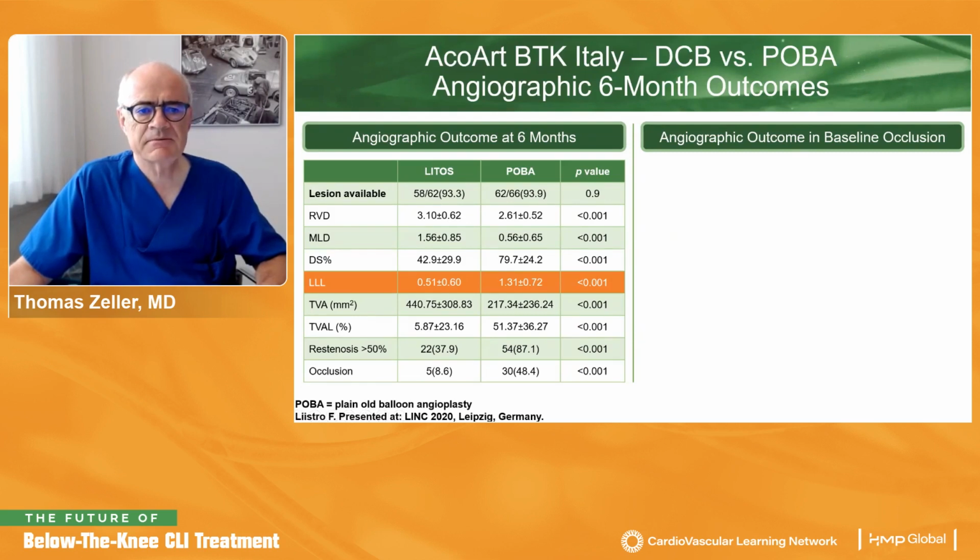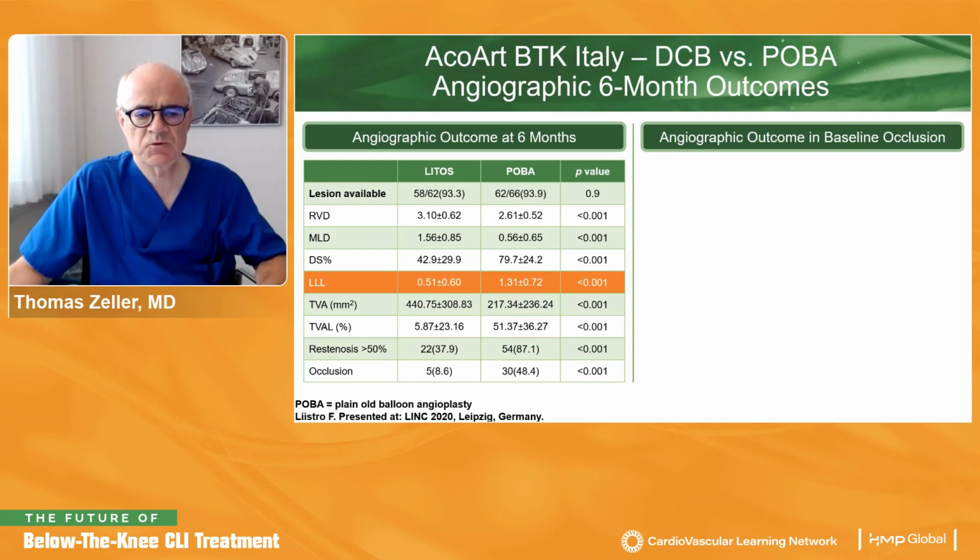We can see here that MLD was favoring the drug-coated balloon, which is also presented here as late lumen loss, which was significantly lower if the drug-coated balloon was used.